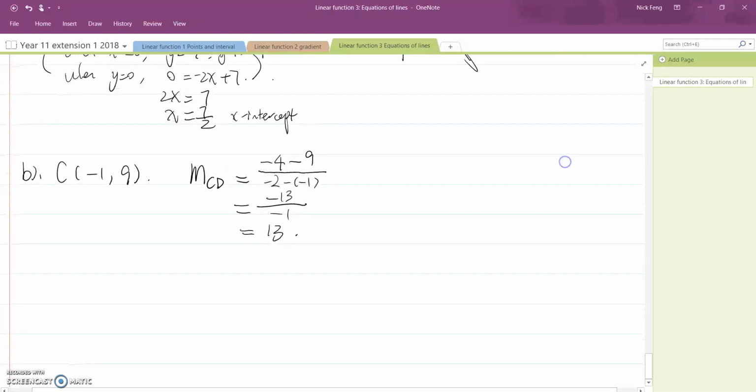So therefore the gradient is 13. Now we can again use the point gradient formula.